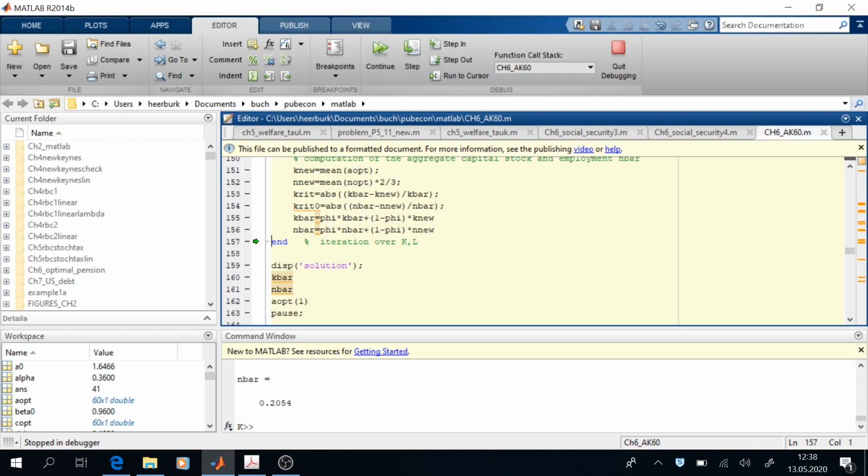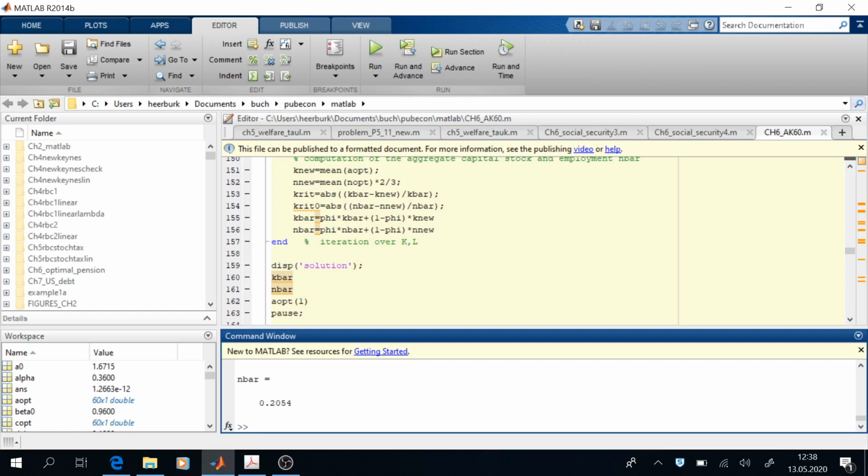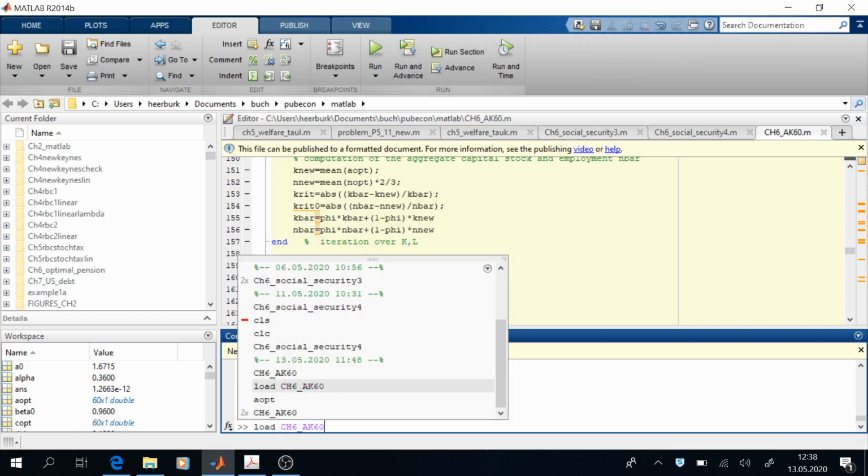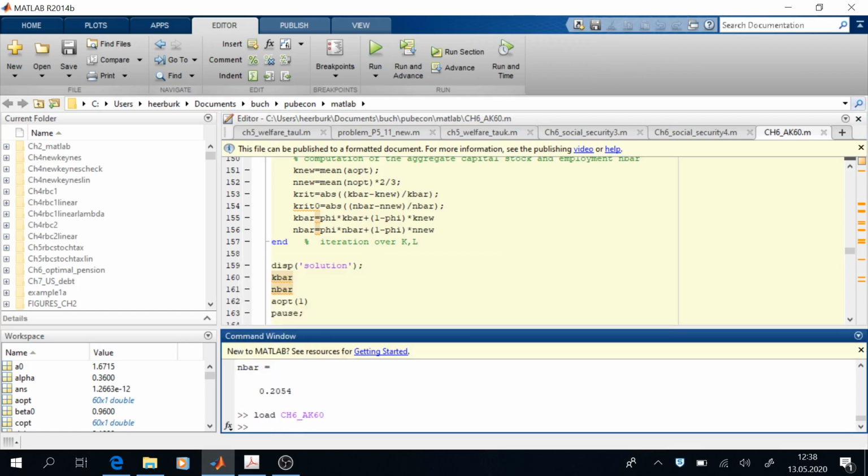We have seen the solution, and we can now quit debugging and just load the solution into our memory. And for example, we find the optimal wealth age profile A opt to look like this.